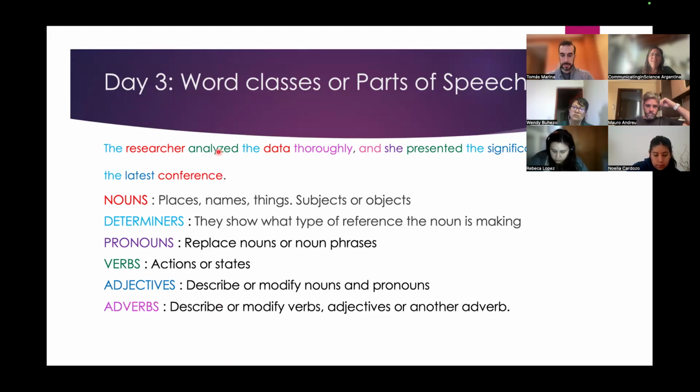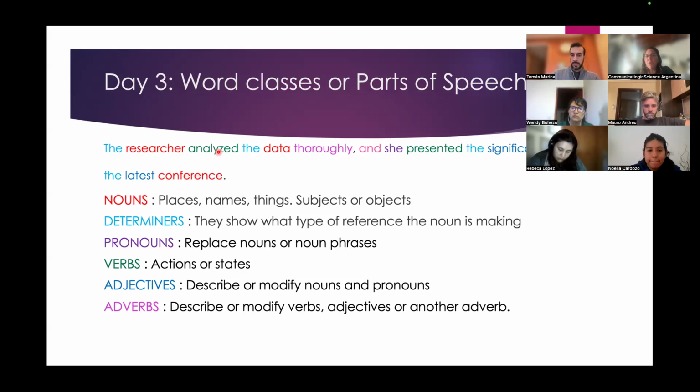Adverbs. Like in Spanish, although in Spanish we never learn what they are, they modify verbs, adjectives, or another adverb. Adverbs always talk about how, when, where something is done. We are going to talk tomorrow about adverbs, I believe.